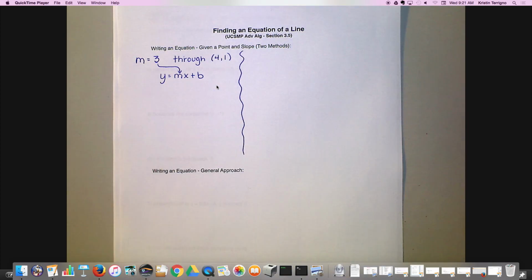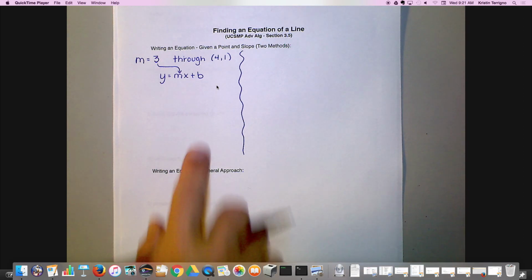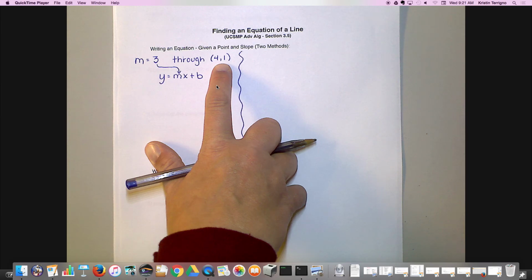Any thoughts about something I could do to find out what b is? Sylvia? Take 3 times 1 and then subtract it from 4. Okay. So really what Sylvia is doing there is plugging in the 4 and the 1 for x and y.